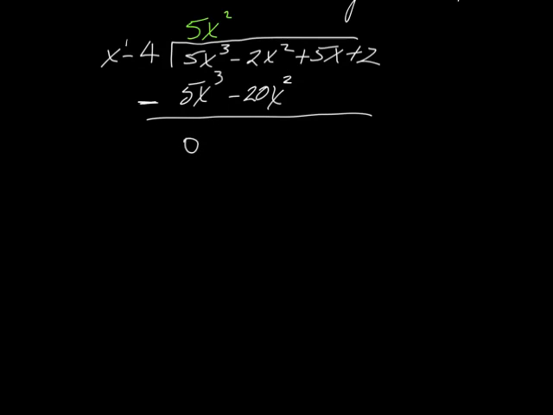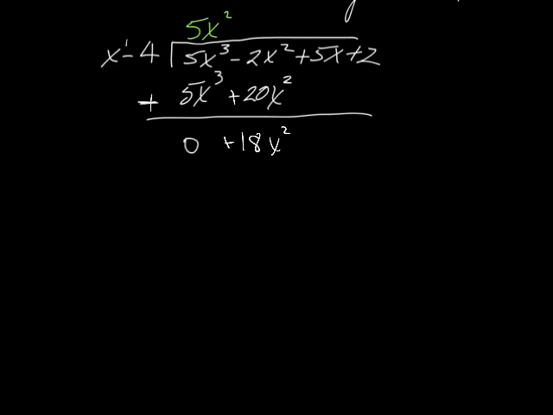This is where it's important to remember the minus sign. Negative 2x squared minus negative 20x squared means those become positive, because a negative and a negative gives a positive. So negative 2x squared plus 20x squared gives us plus 18x squared.